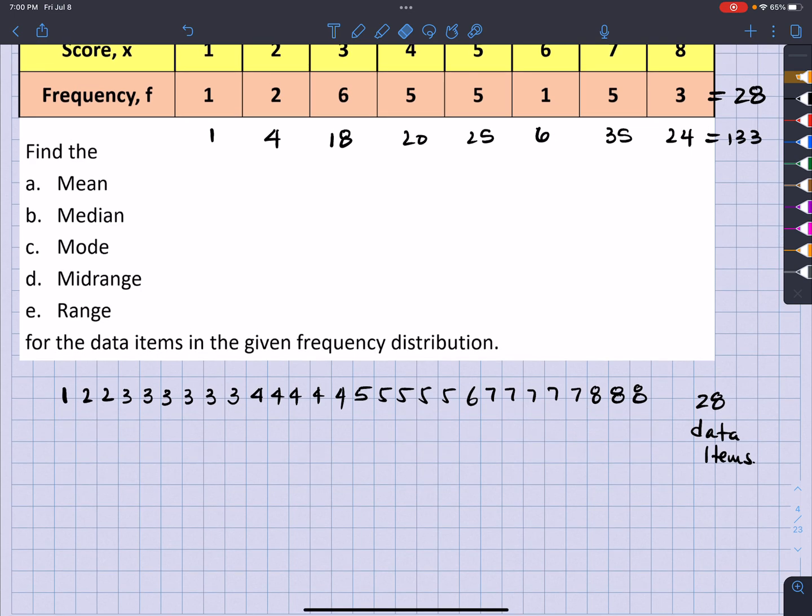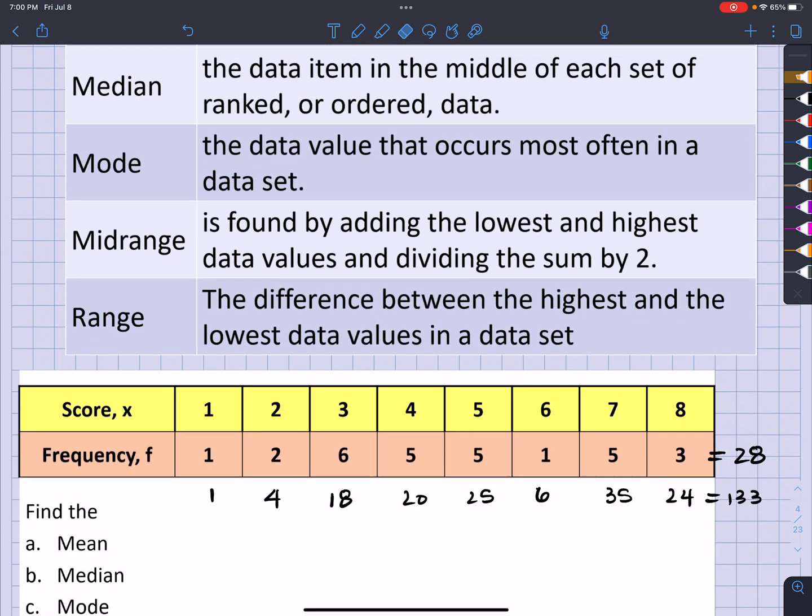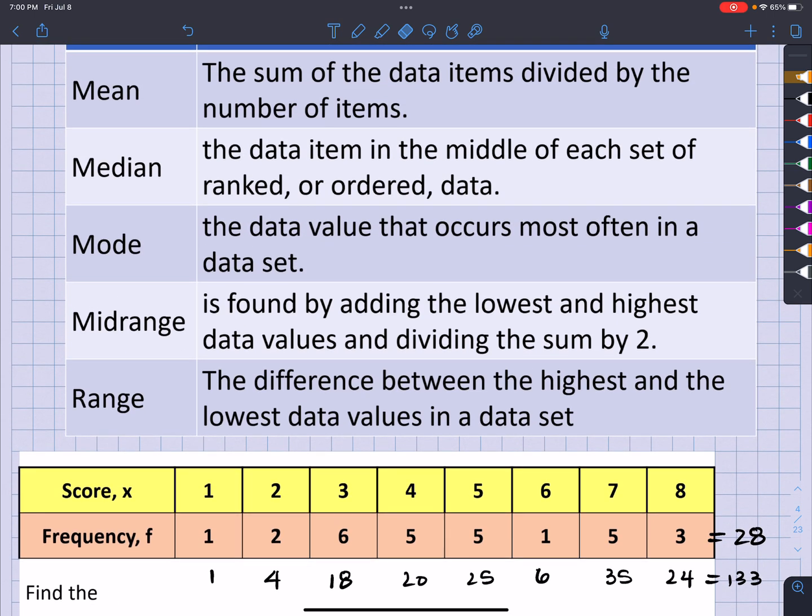All right, so what is mean again? Mean is the sum of the data items divided by the number of items.